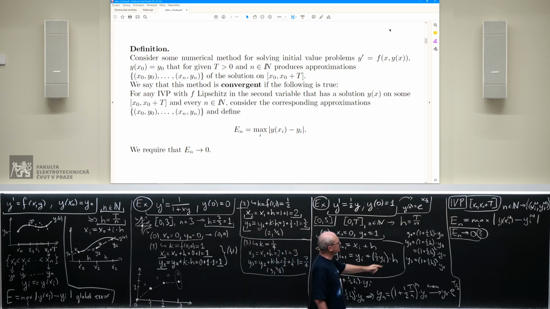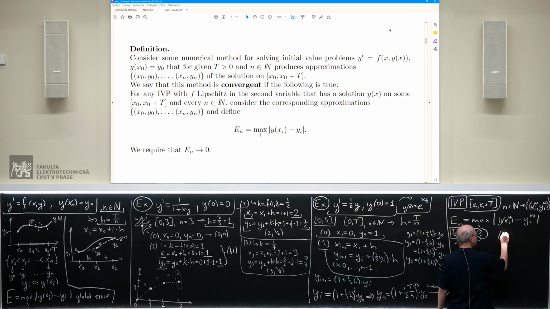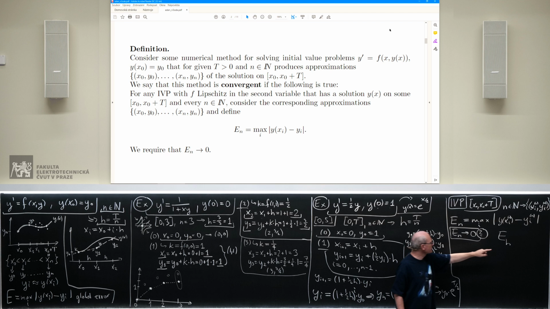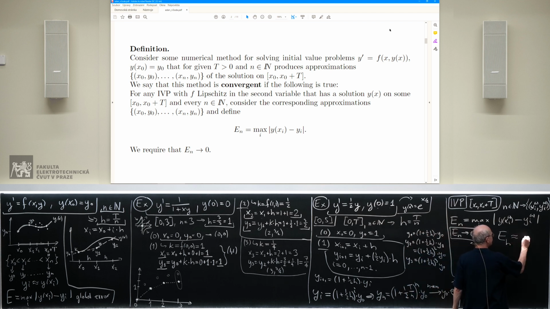But the key question is, how quickly does it converge? So what I'm really looking for is this. If I look at my error not from the point of view of partition size, but from the point of view of step size, then I want the error to behave like some constant times h to the power p. This is really the question that I want to ask.